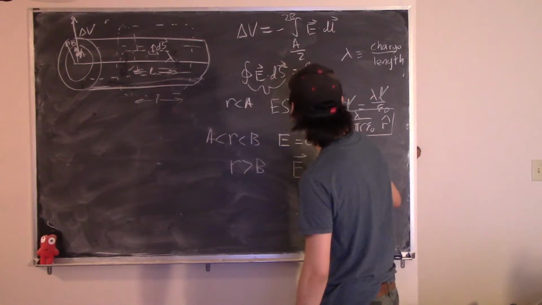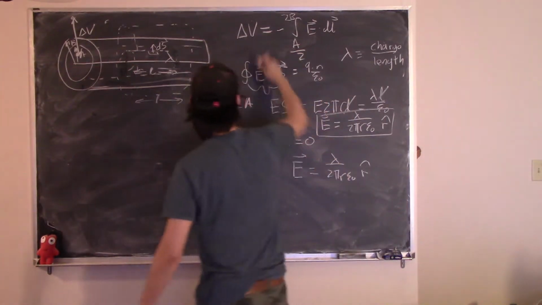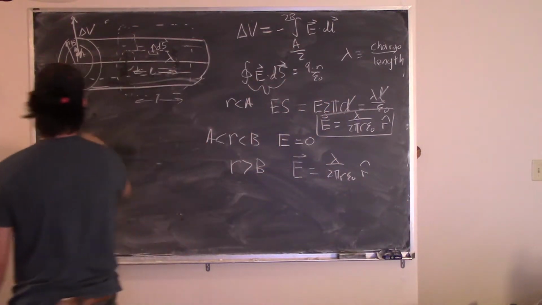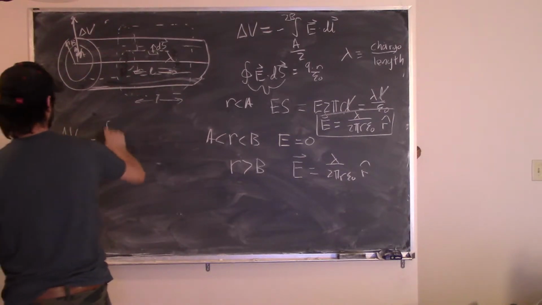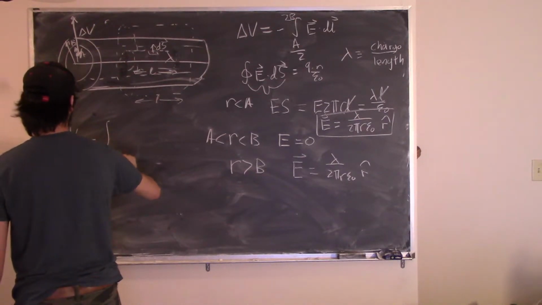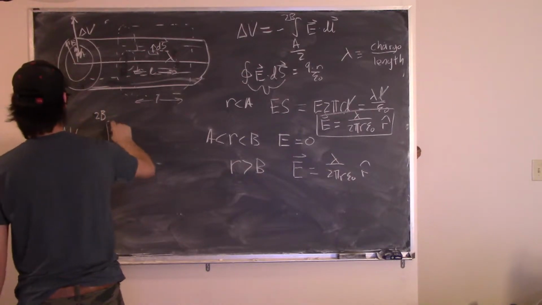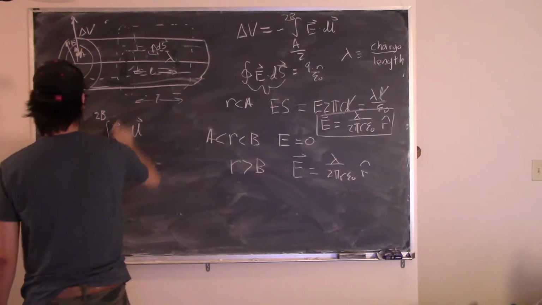So now that we have these three electric fields, we're ready to evaluate what delta V is. So delta V is going to be equal to the negative integral from a over 2 to 2b of E dot dl.